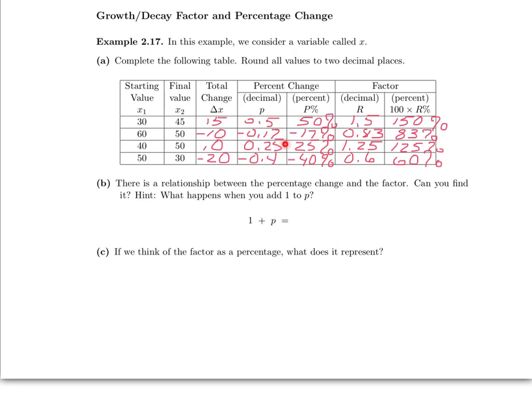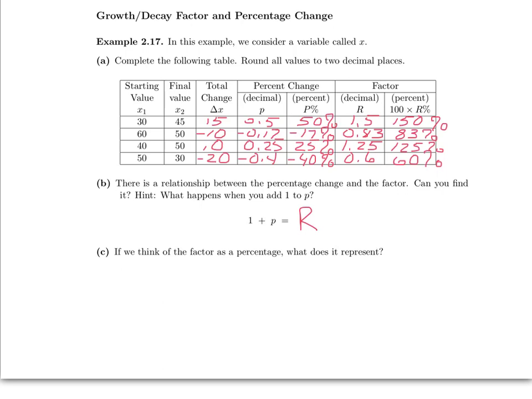If I add 1 to 0.25, I arrive at 1.25, which is R. If I add 1 to negative 0.4, I arrive at 0.6, which is R. So I think the table above suggests that if we add 1 to P, the result should be R. And this is a crucial relationship between the percentage change and the factor.